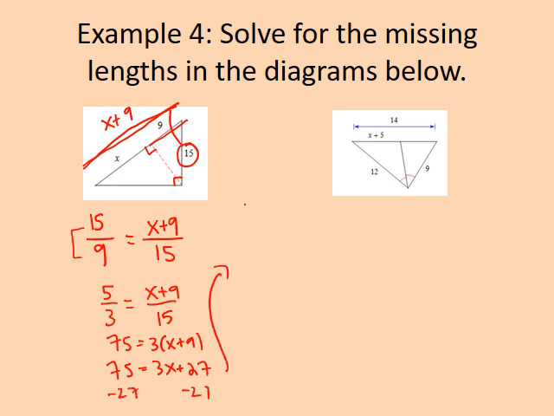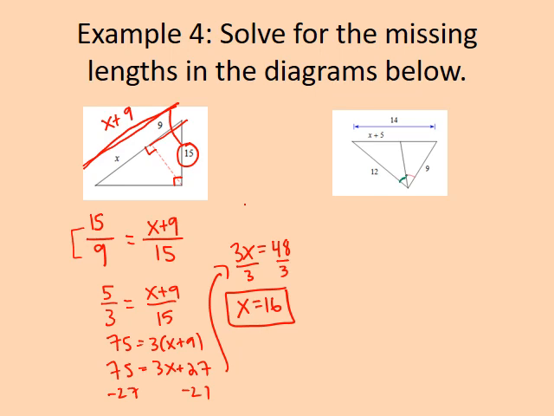So we now have 3x equals 75 minus 27, which is 48. And then we're going to divide both sides by 3, so x equals 16. That's our first example.